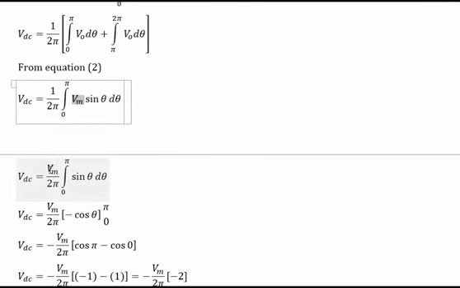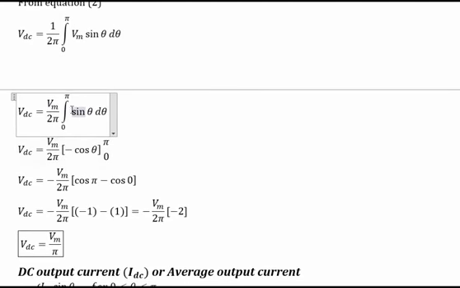So I have taken this out from the integration, and the integration will remain like this: 0 to pi sine theta, and we know that the integration of sine theta is minus cos theta, with the range from 0 to pi, and the upper limit is pi. But before that I have taken this minus sign outside to make it simpler.